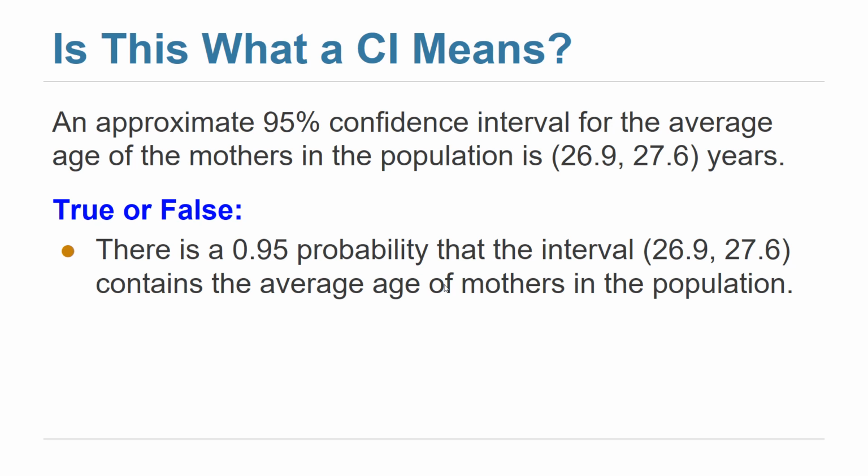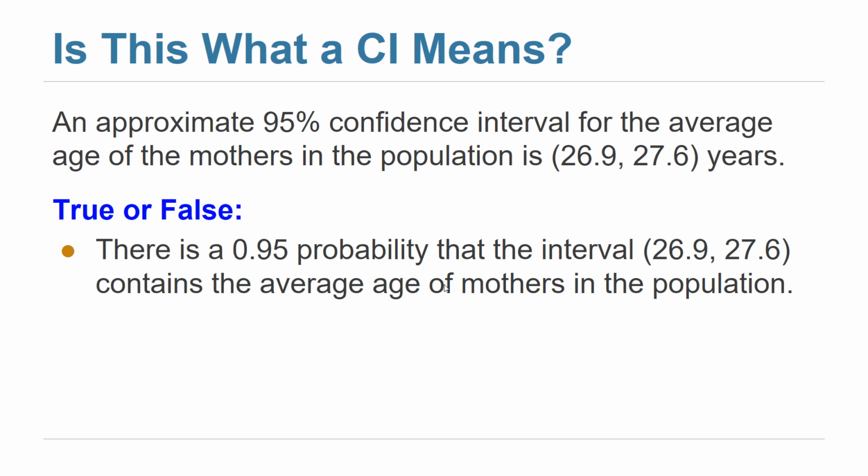So what did we say about the meaning of the confidence interval? We said that when we say this is a 95% confidence interval, we have 95% confidence that it includes the true value. And if we repeat that process 100 times, about 95% of them will include the true value.